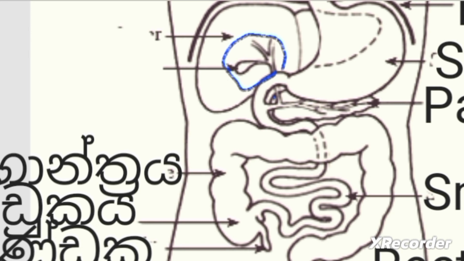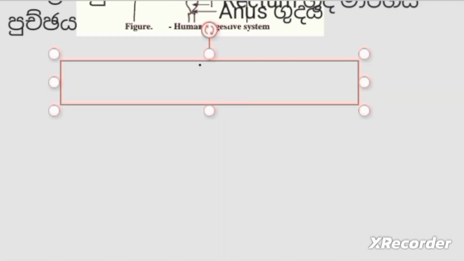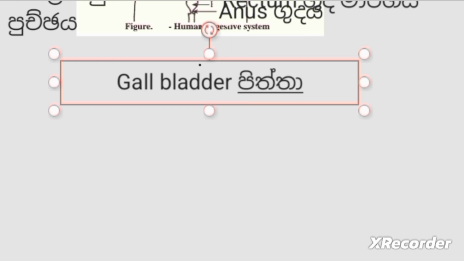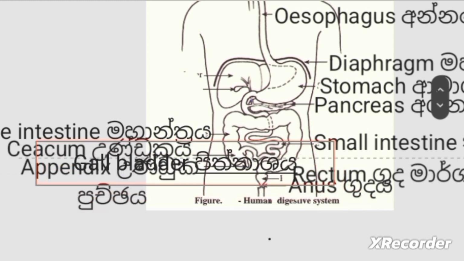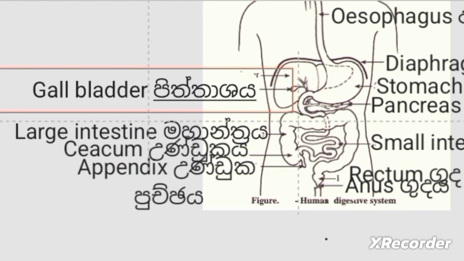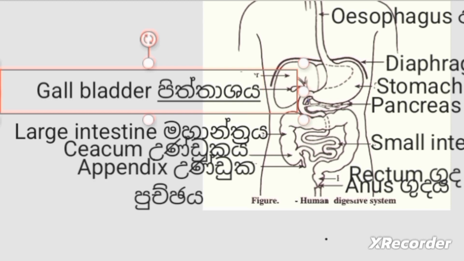Then the next one, this is a structure which is inside this triangular organ. This structure is called the gall bladder. In Sinhala we call it Pittashaya. So you can label this structure gallbladder.